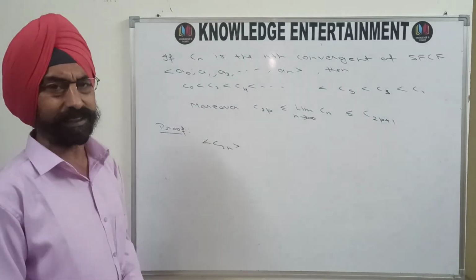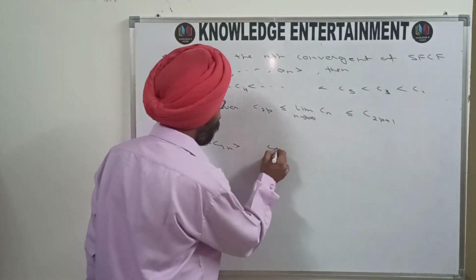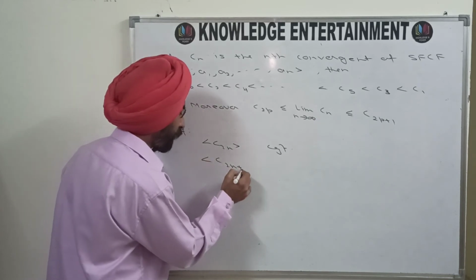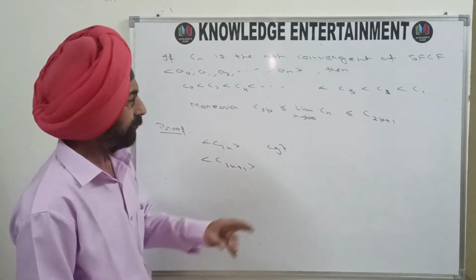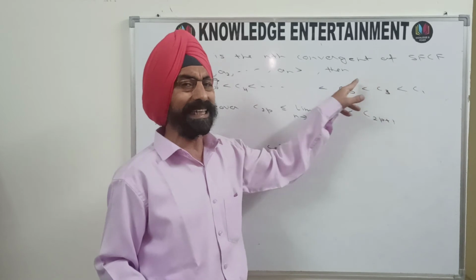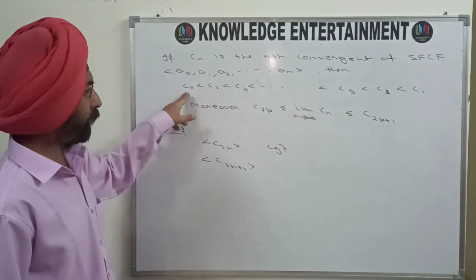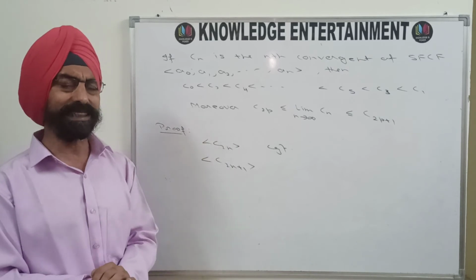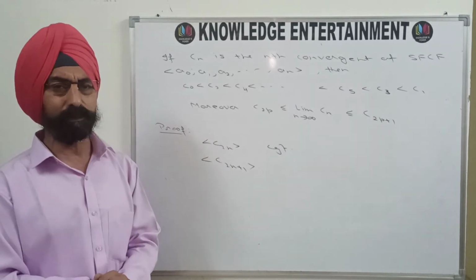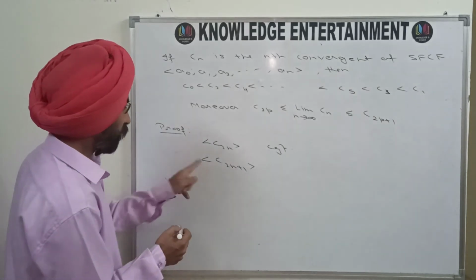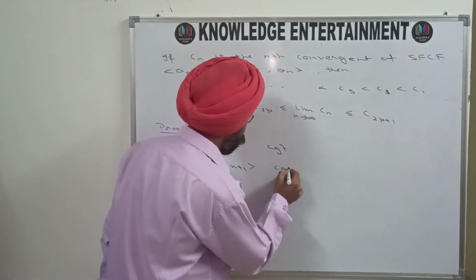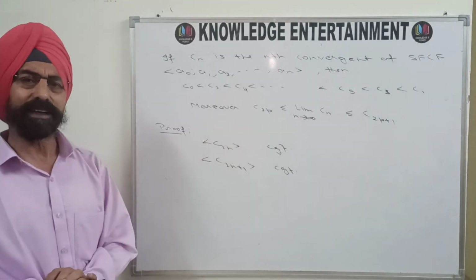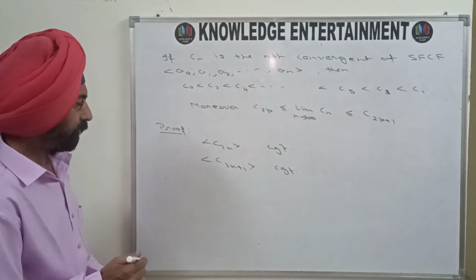So C2n is convergent. One thing is clear, that this sequence is convergent. Similarly, C2n plus 1 is monotonically decreasing and bounded below by C0. A sequence which is monotonically decreasing and is bounded below by some number is once again convergent. So C2n plus 1 is also convergent. Both these sequences are convergent.